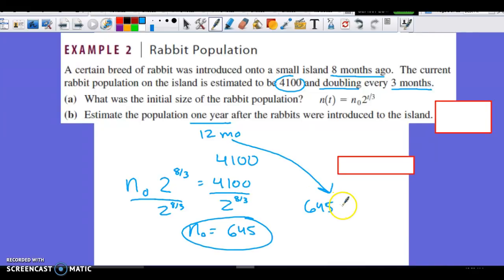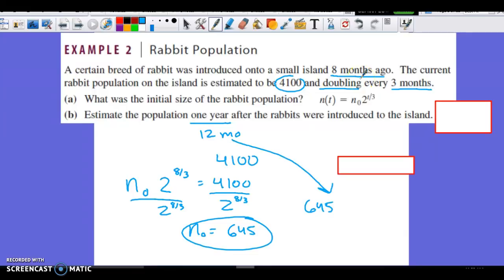Okay? So it's really about reading this problem carefully, because the first time I read it, I'm really bad about just looking at the numbers and assuming what they mean. And so when I look at 4,100, I think that's my initial amount, but it's actually not. It's how many there are after 8 months.